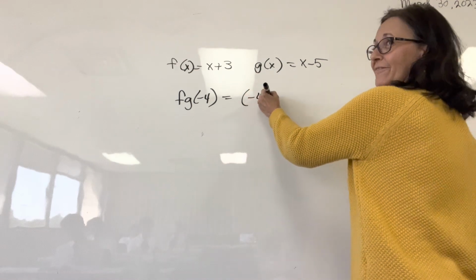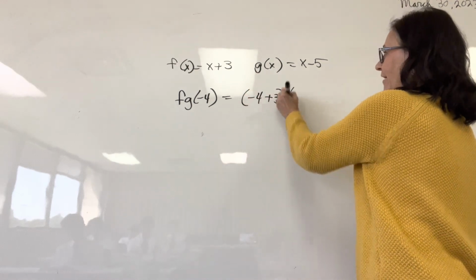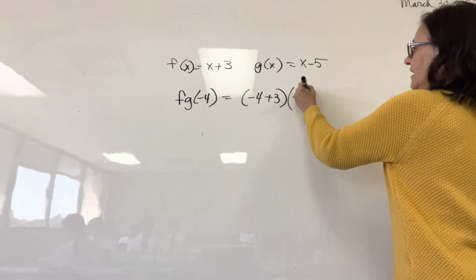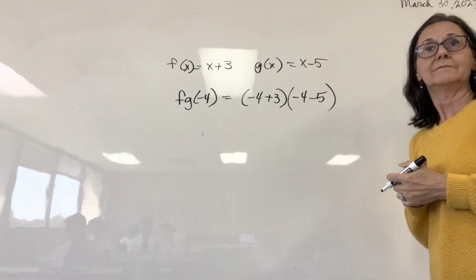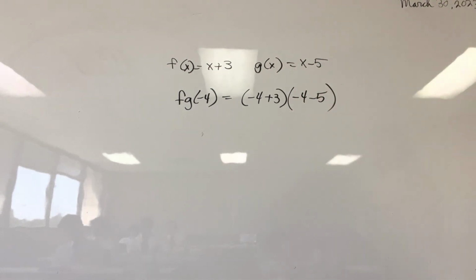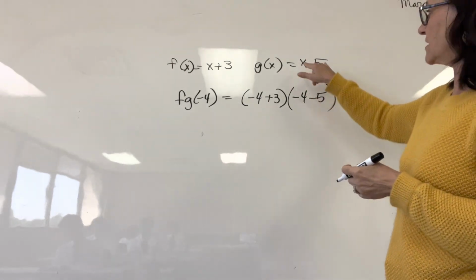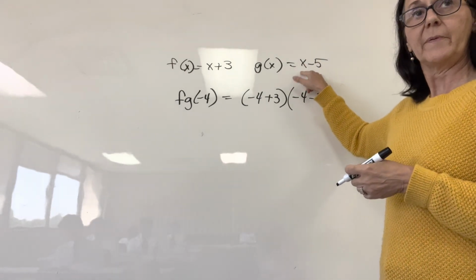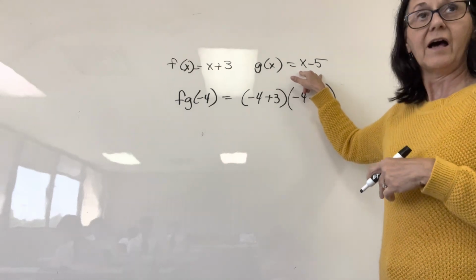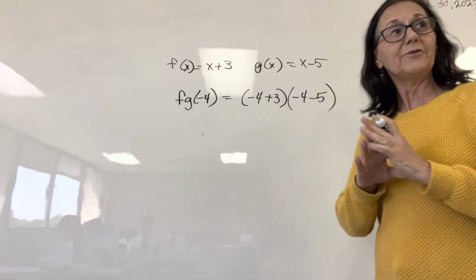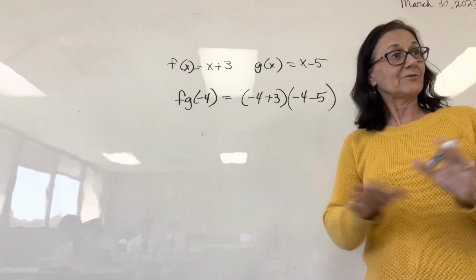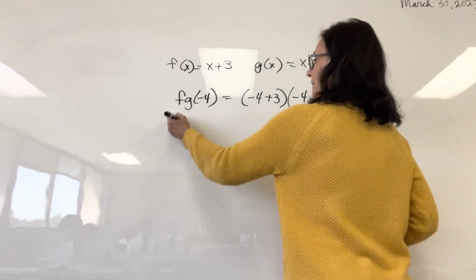So that is negative 4 plus 3. That's negative 1, right? But now this is negative 4 minus 5. And actually, one of these, it says the domain of this is only positive integers, so it's undefined. But I say do it all reals, right? This is one of those examples. We're doing all reals.